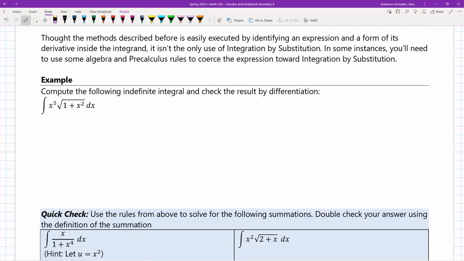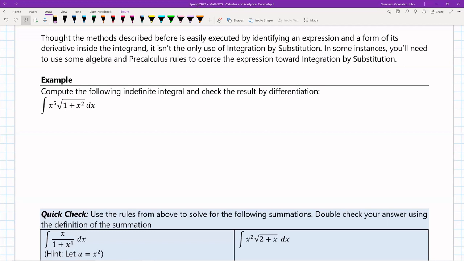So let's say I wanted to take this integral right here. It doesn't look like I can use u substitution as it stands, but I can modify it a little bit so that I can use u substitution.